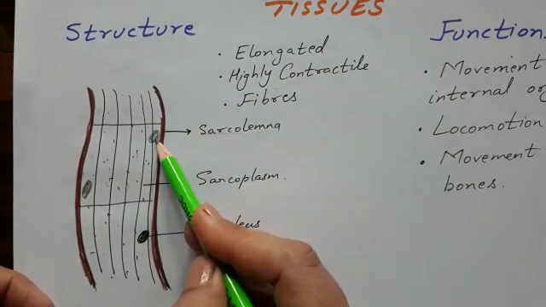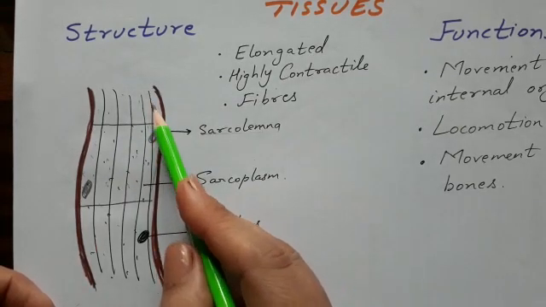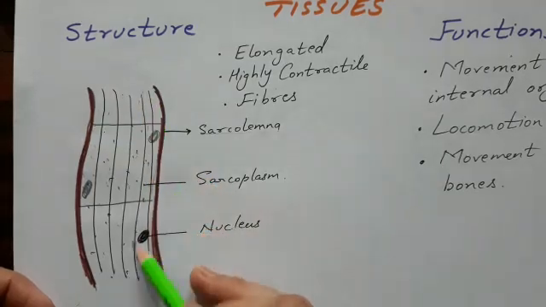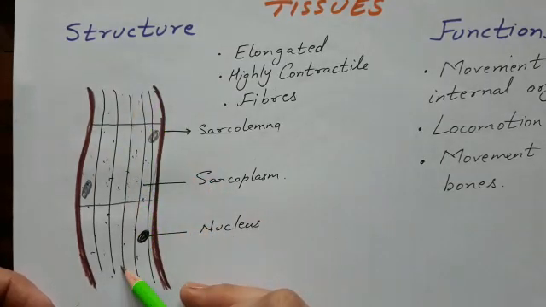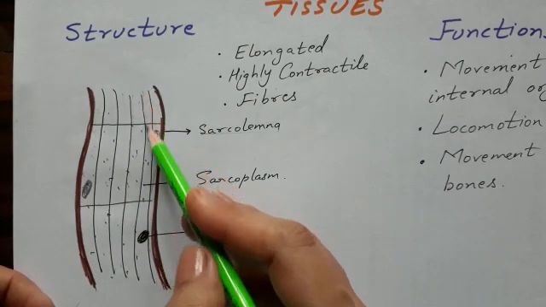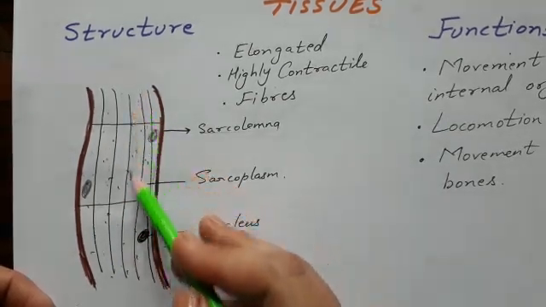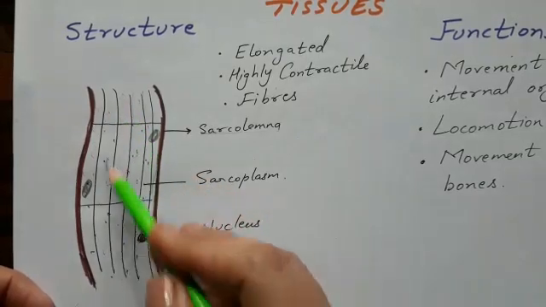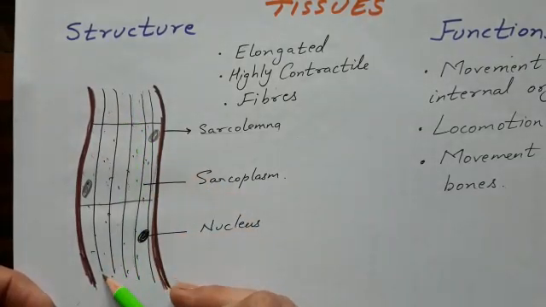Then each muscle cell is made up of special type of contractile fiber like structures which are known as muscle fibers.